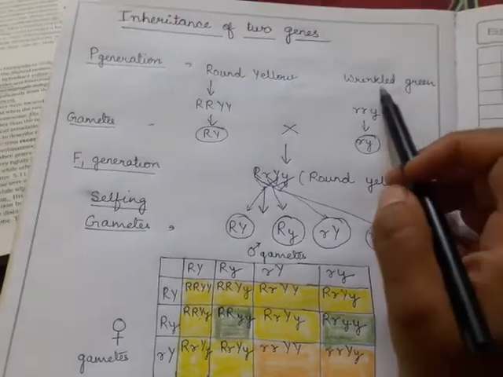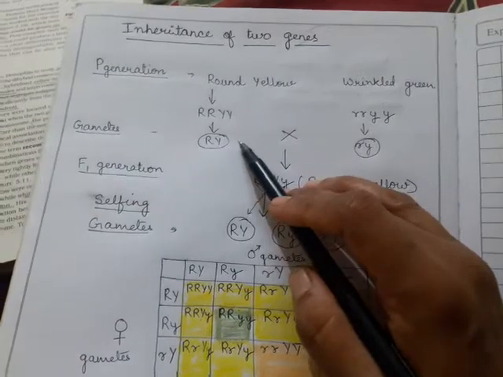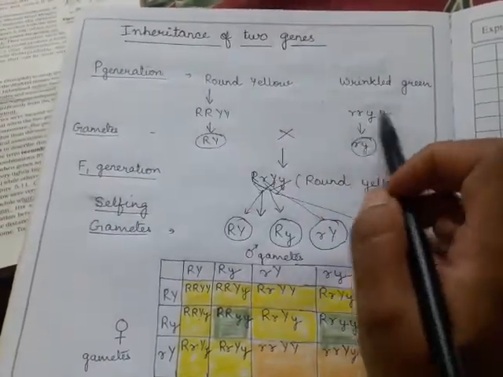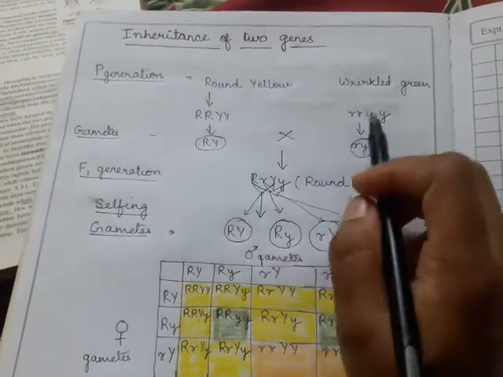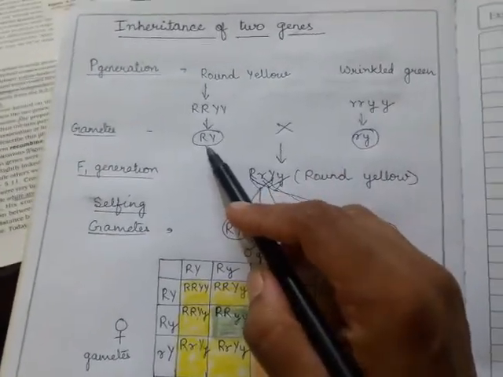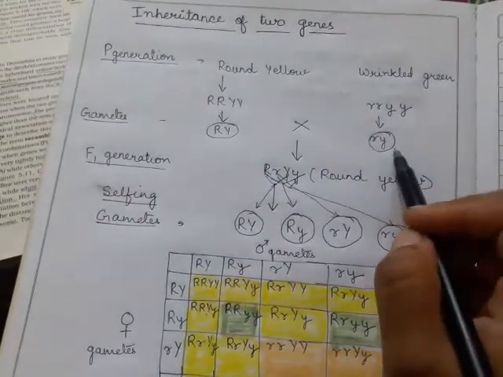In the P generation, one parent has round shape and yellow color, and the other parent has wrinkled shape and green color. The genotypes are capital R capital Y, and small r small y, and the gametes they form are capital R capital Y, and small r small y.